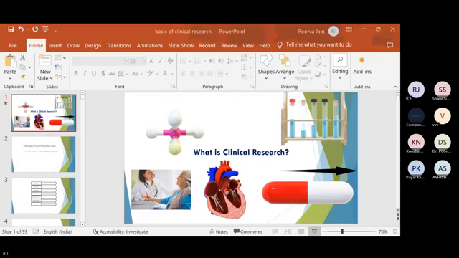So any pharmaceutical company will try to identify that particular molecule which has not yet been discovered, or which is not yet known, or there is no drug available which is targeting that particular protein. So they will try to know more about that particular target.